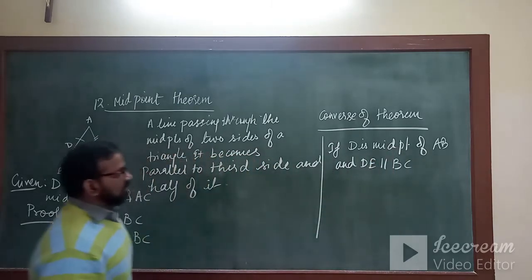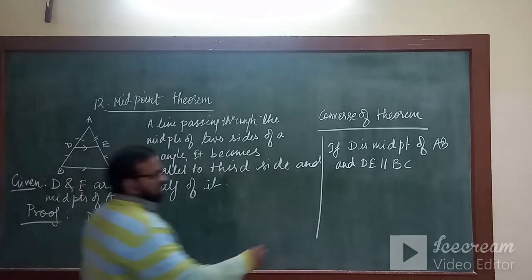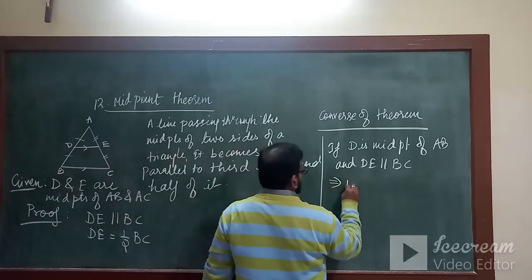Suppose it is given in the question that D is the midpoint of one of the sides, and that line which is passing through the midpoint is parallel to the third side. Then in that case what happens?